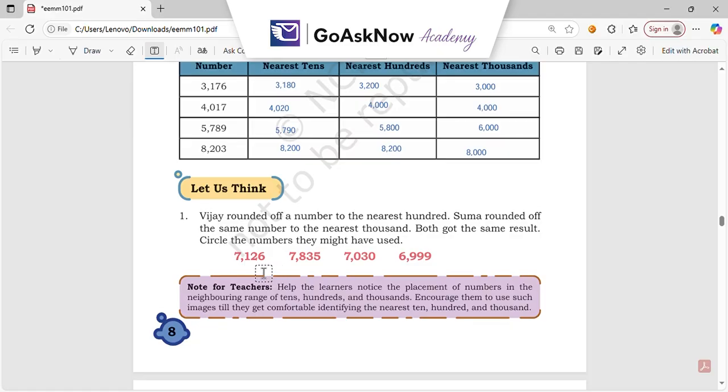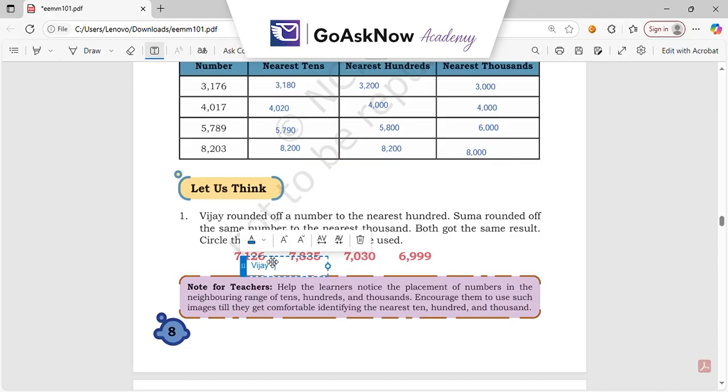Let us simplify according to hundreds as well as thousands.